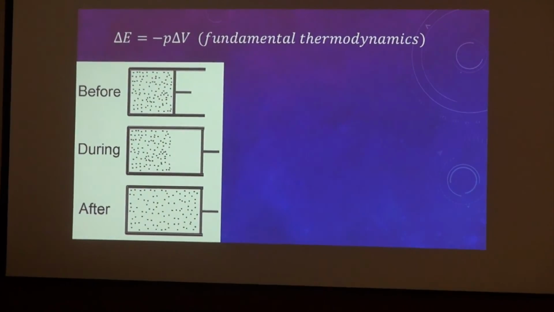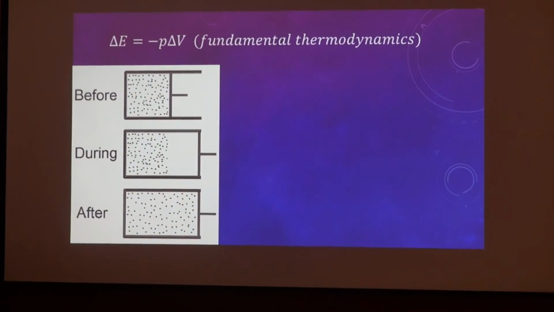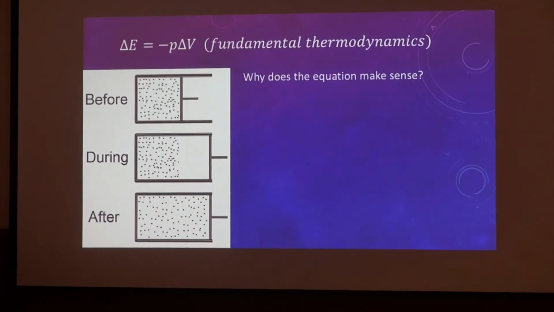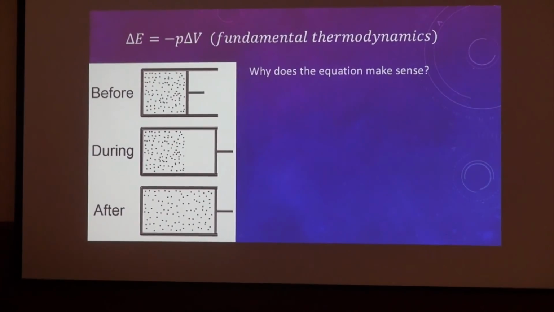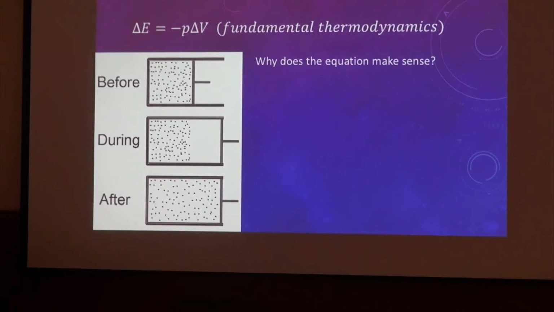If you took chemistry, remember pistons. What we're using when we do pistons, that delta E equals negative P delta V, is basically just F times D, our familiar equation for work.